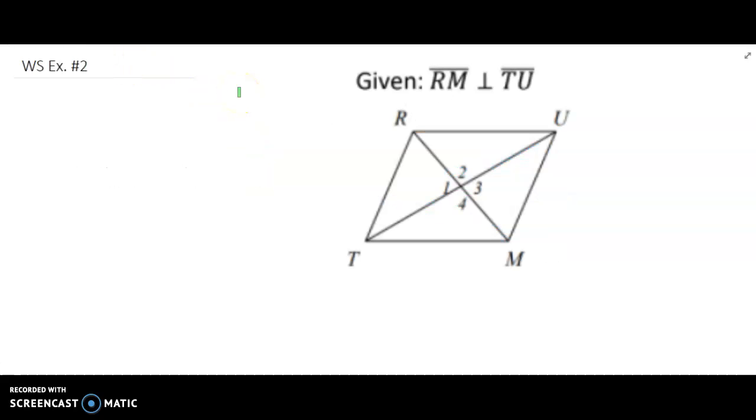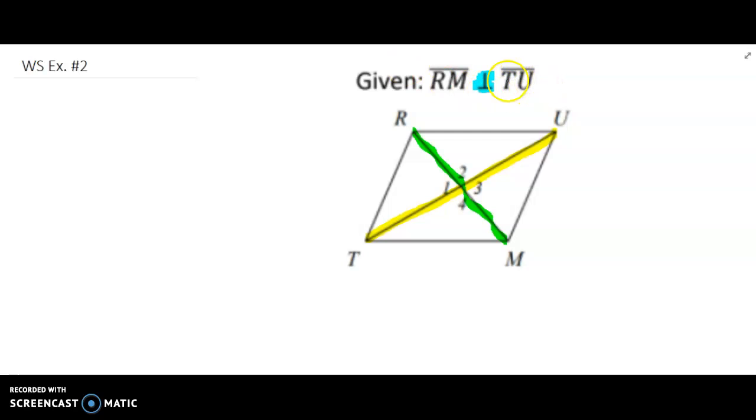All right, let's look at number 2. Okay, so it says RM, which is right here, is perpendicular to TU, which is right here. Okay, and the key here is this is the symbol for perpendicular. So you have to ask yourself, what does it mean to be perpendicular?